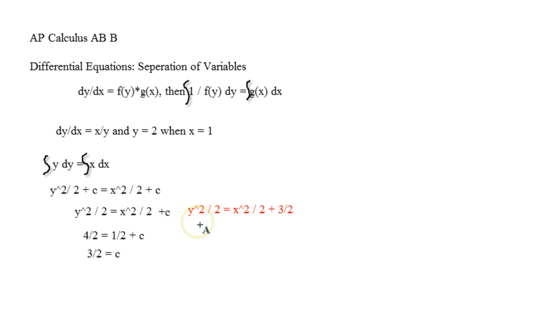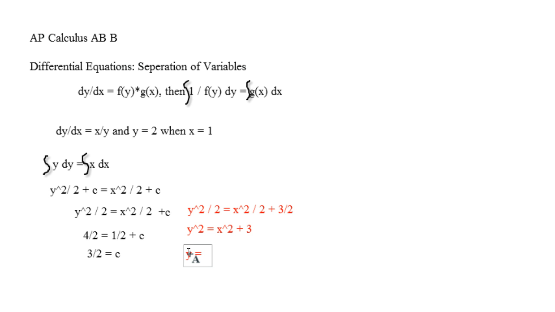Okay, so we've done this. What we're going to do now is solve for y. If you notice over here, they both have a common denominator, so if I multiply everything by 2, I should get y squared equals x squared plus 3. And all I have to do is square root it, and I'm all set.